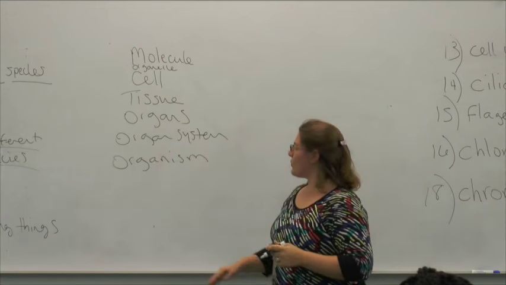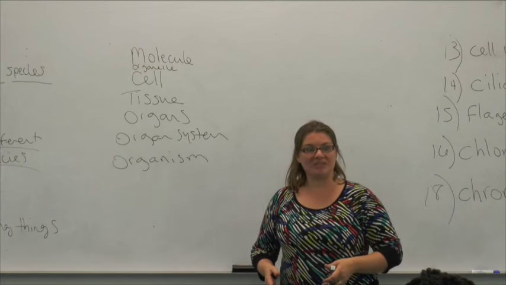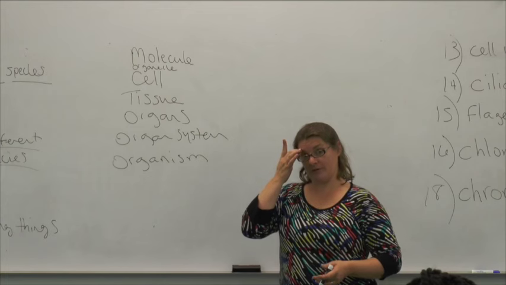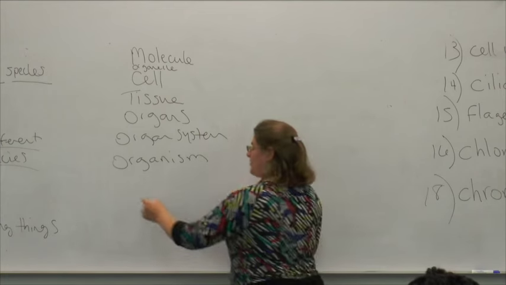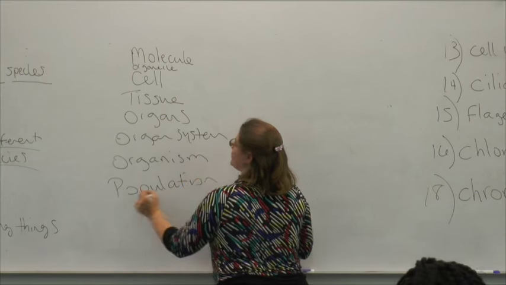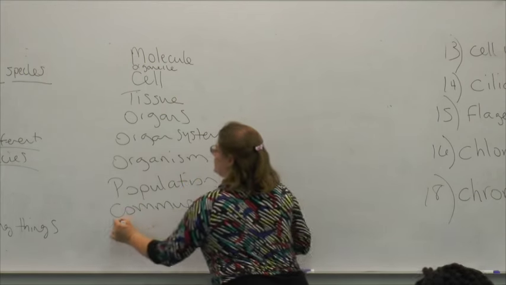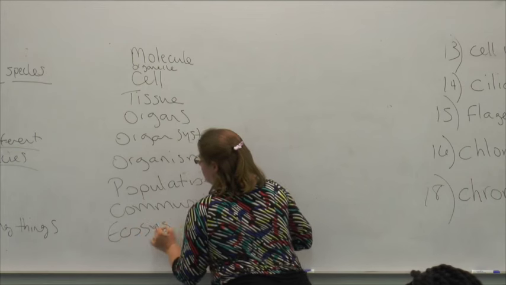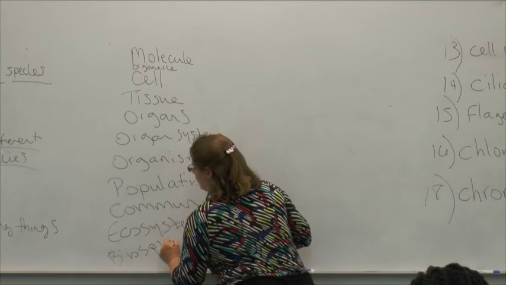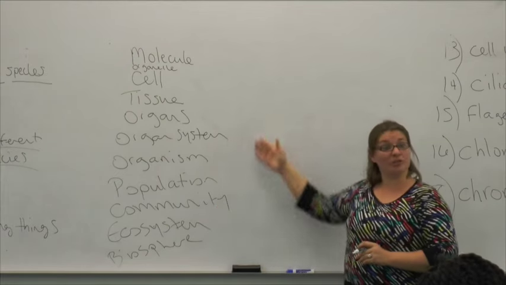And so an organism, many organisms together of the same species are what? Now we're into this part of our hierarchy, right? Population. And then what's next? What's bigger than a population? Community. What's bigger than a community? Ecosystem. And what's the biggest? Biosphere. A biosphere. Yep, that's the hierarchy of life as it increases in complexity, from small to large.